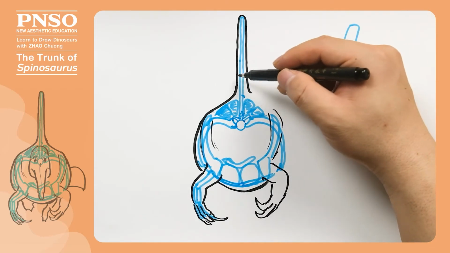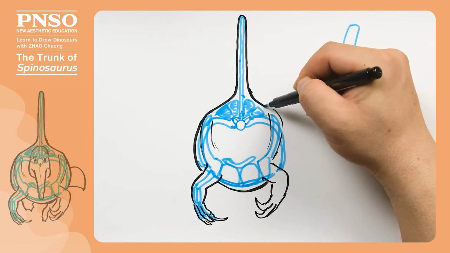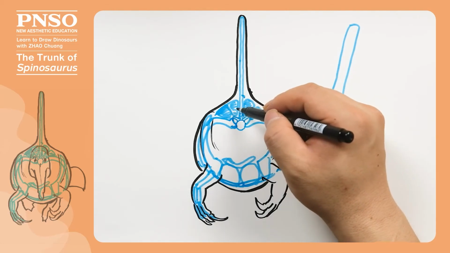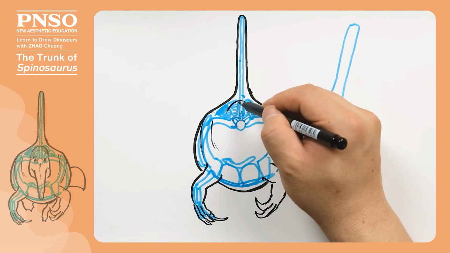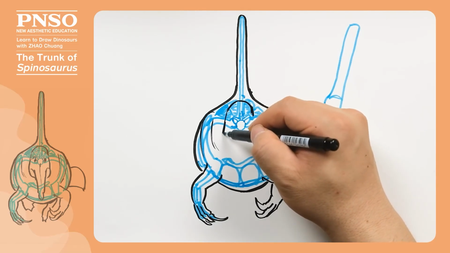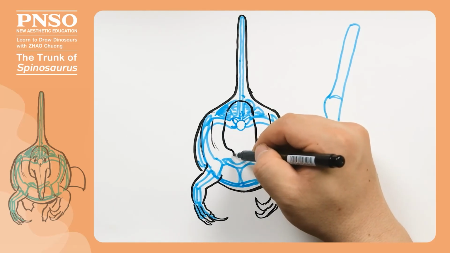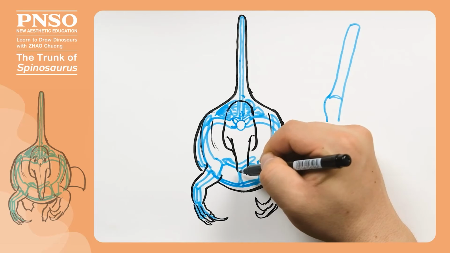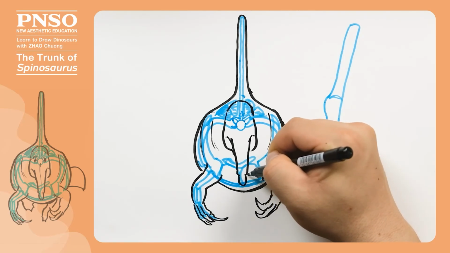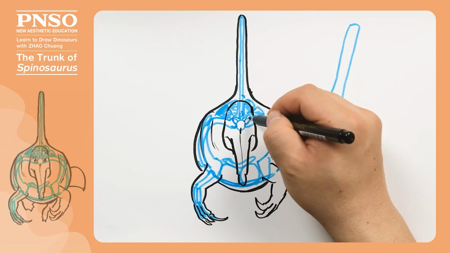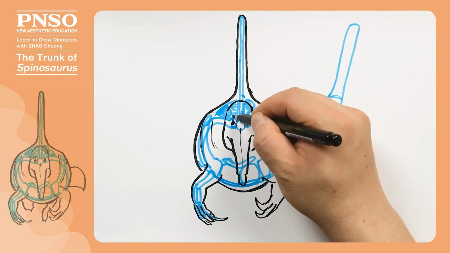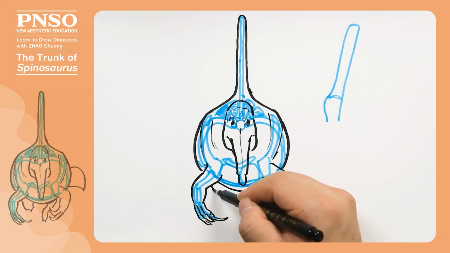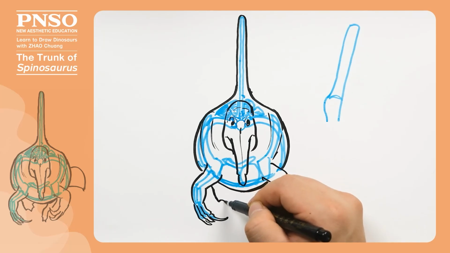The upper part of the neural spines looked relatively narrow because there was no place for muscle attachment on both sides. At the front, we can draw the Spinosaurus head, and then roughly draw its feet, swimming in the water, with a partial tail.